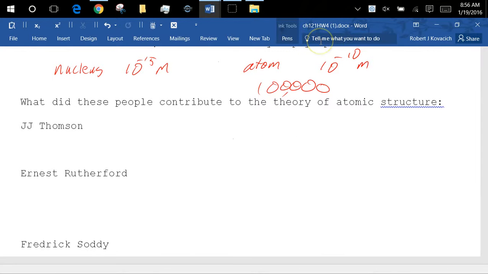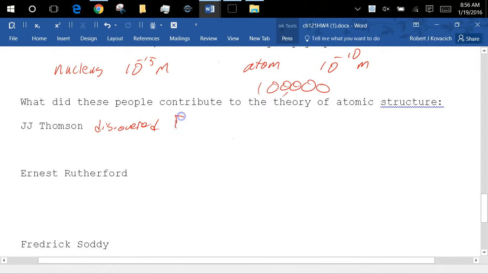What did Thomson contribute? He discovered the electron. Yeah. You've got the plum pudding model, right? Not actually true, though.